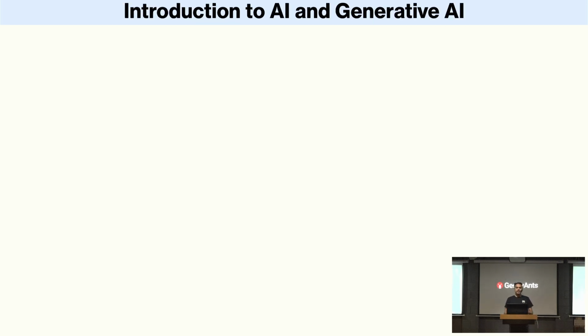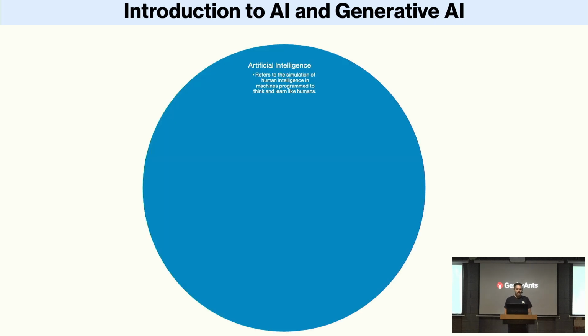Okay, so moving on. Introduction to generative AI. So, what is AI? It refers to the simulation of human intelligence in programmed machines. I'm sure most of you know, but the important point here is there are two kinds of AI: discriminative AI and generative AI.